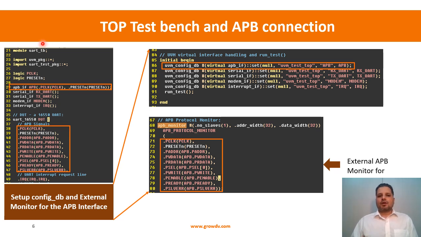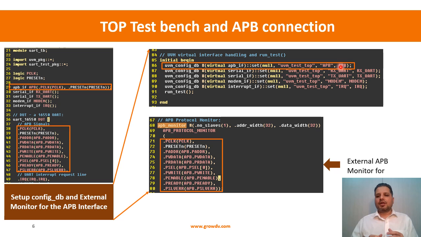But for now, we have the top level test bench, we have our APB interface instanced, we have instanced our DUT, and we have connected this APB interface to our DUT, and then we are setting it up as a virtual interface type and passing it down. Next, inside the test we will extract this particular interface and put it in the APB config, put the APB config in the overall environment config and pass it down to the environment, and the environment will take it and distribute it to our APB agent.